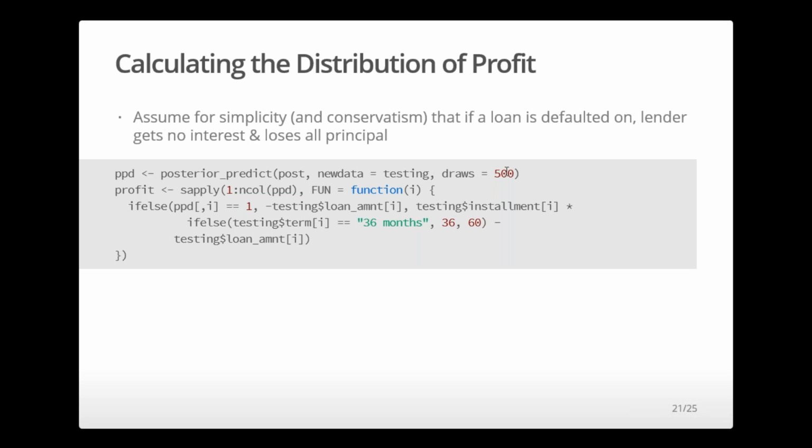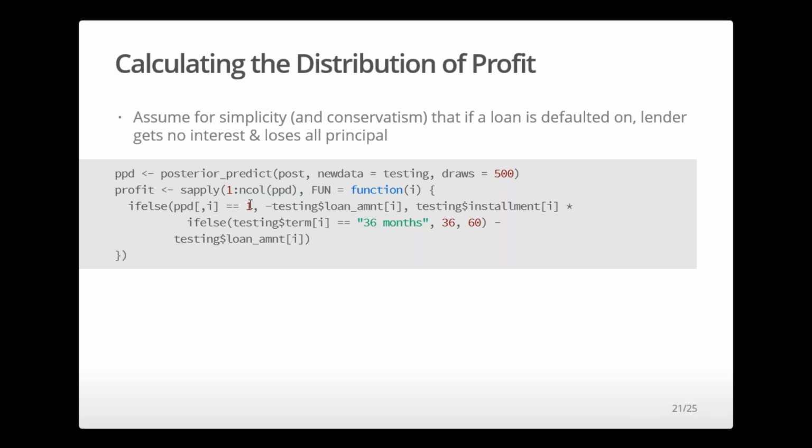These will be either zeros or ones, which simulates whether the person defaults or not, conditional on our model having updated our beliefs about the parameters using the data available in the training data set. You don't need to understand the details of this function. I just calculate the profit or loss that's implied by each of these realizations from the posterior predictive distribution.